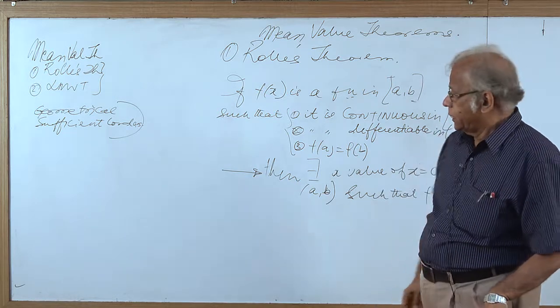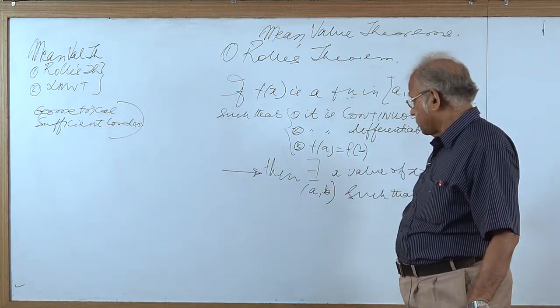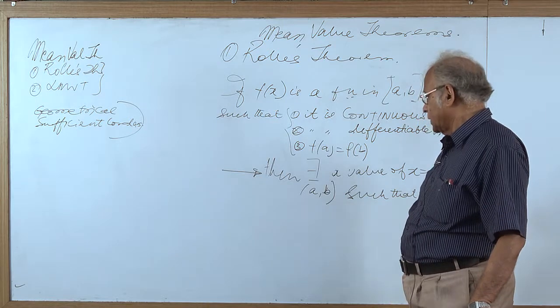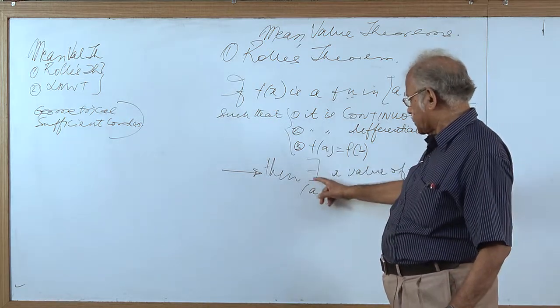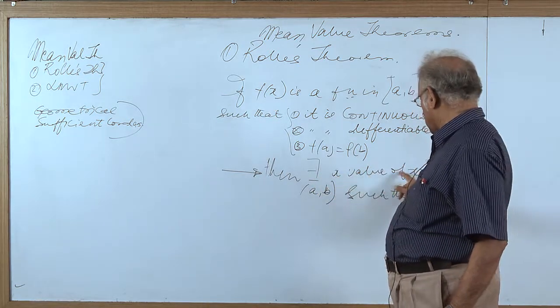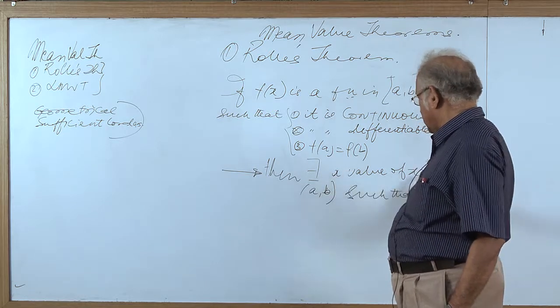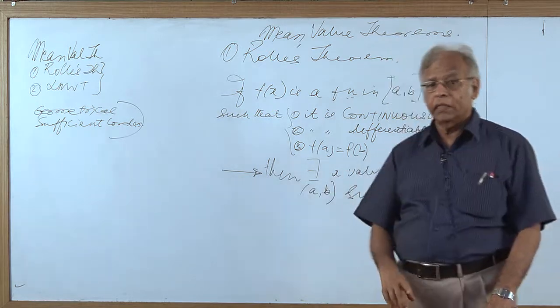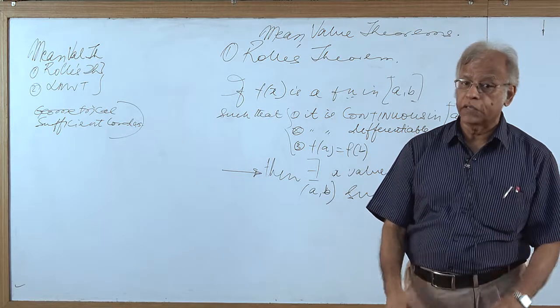Now a couple of remarks have to be made. Number one, when we say there exists a value of x equal to c, this only implies that there is at least one value of c.